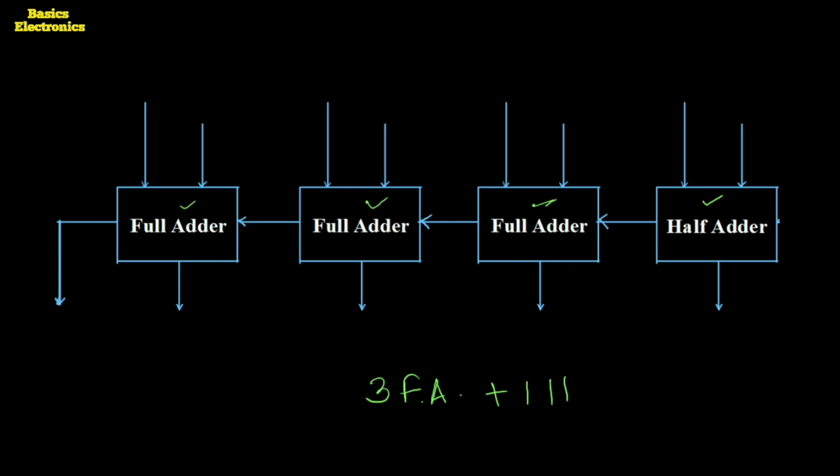But someone may ask what to do if we have to construct an 8-bit adder or more than 4-bit. Nothing special, we just have to add one full adder for each additional column. If we have 5 binary bits, then you use 5 full adders, one full adder for one column addition, or you can use 4 full adders and one half adder.